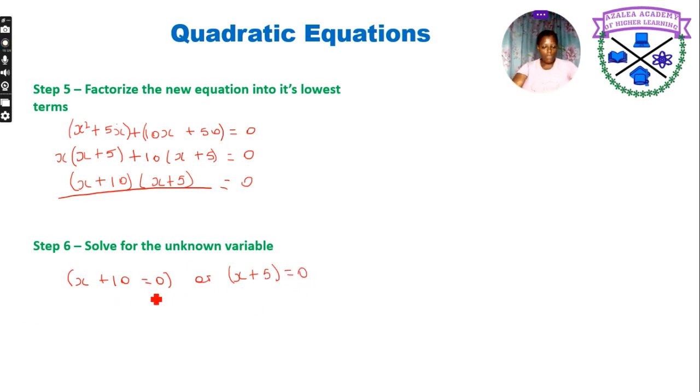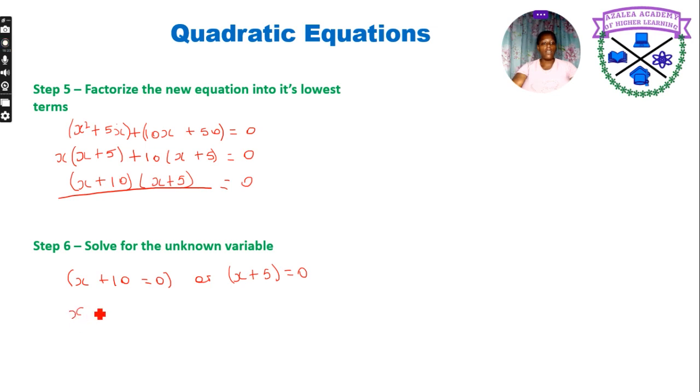Now, what we do here is, again, we follow the rules. We make x the subject of the formula, and to make x the subject of the formula, what we do on the left side of the equal sign, we must also do on the right side for both situations.